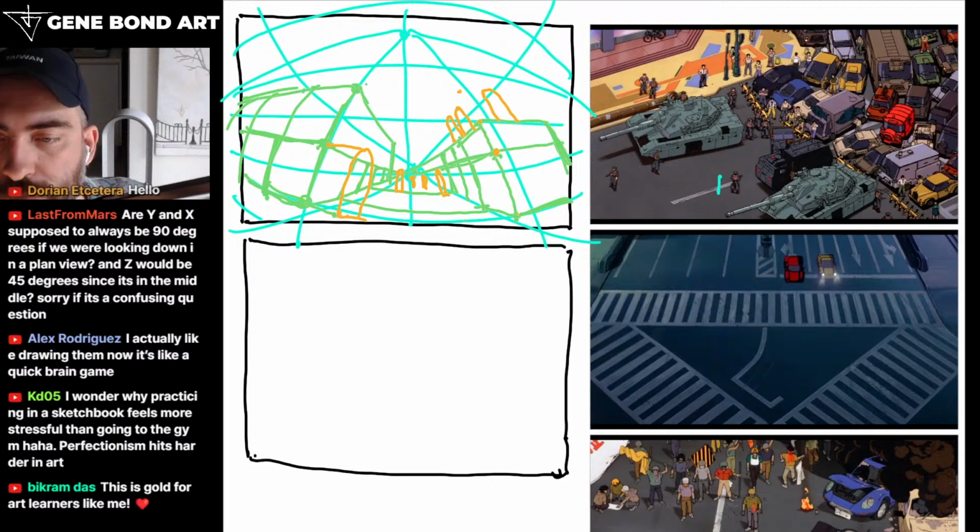And now what you do is just, let's see, you can draw the minibus.